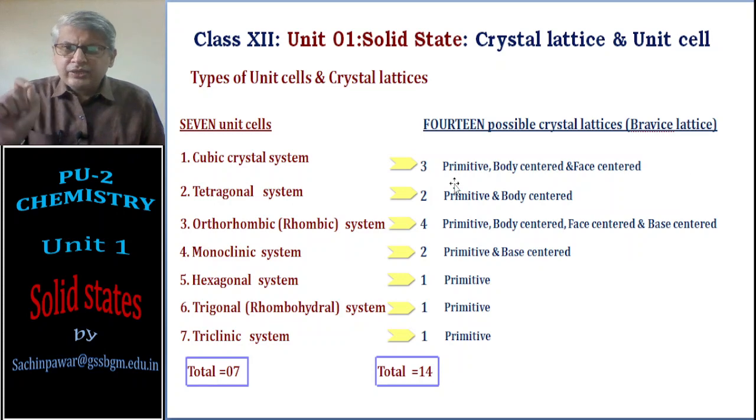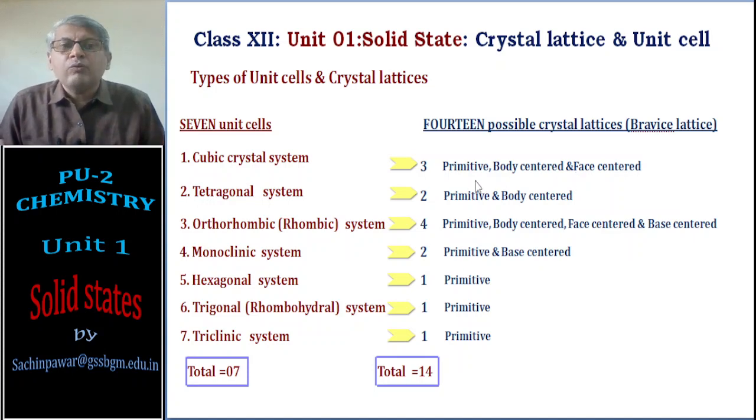If I take a cubic unit cell, when it is repeated many times, you may have a primitive unit cell where the particles will be only at the corners, or a body centered unit cell where the particles will be at the corners as well as one particle at the center of each unit cell, or a face centered, where the particles are at the corners and particles at the center of every face. So if you go on counting in the entire universe, any solid you see will belong to one of these, and the total count is 14.